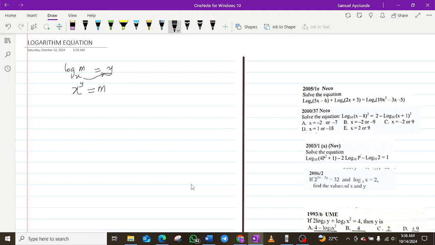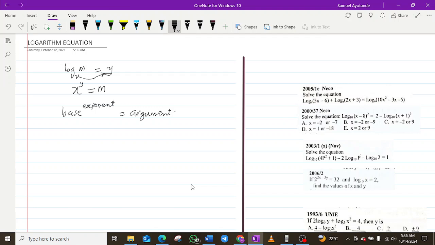So base to the power of exponent is equal to argument. That is how we change logarithm to indices. Base to the power of exponent equals argument.